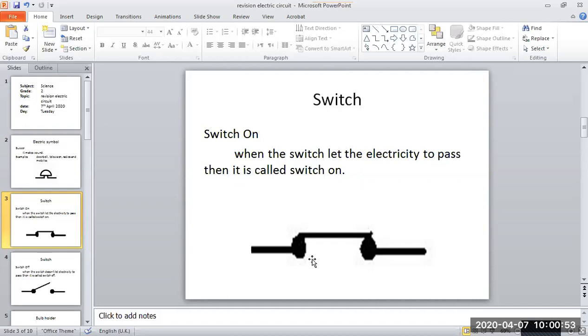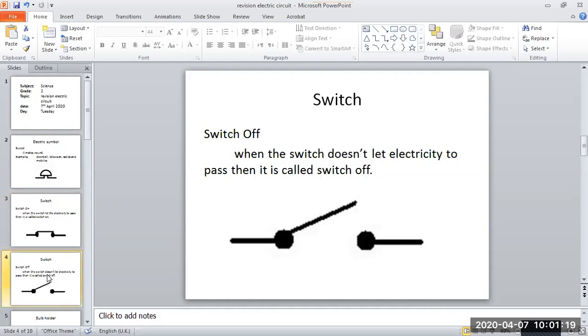You want to play your game, first you switch on the electricity. If you want to watch the TV, first you switch on. Every instrument or electric appliance has a switch. First of all you switch on, then the current will pass through the circuit and work will happen. Okay, this is the symbol of switch on.